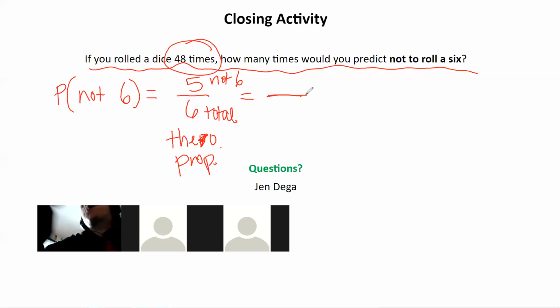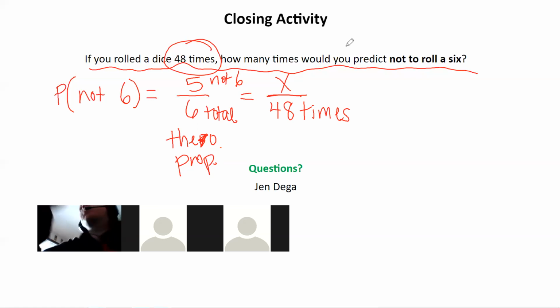Where would I put that 48 in my proportion? The bottom, yep, because that's the total amount of times. And then we're just going to put an X up top. And if I cross multiply, that'll tell me how many times not to get a 6.